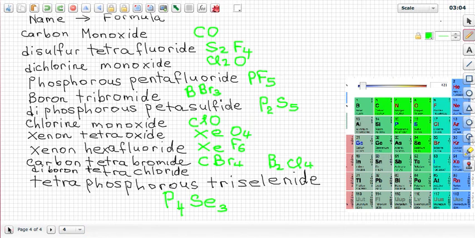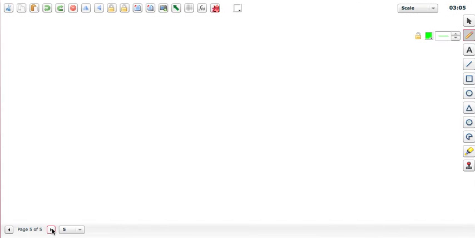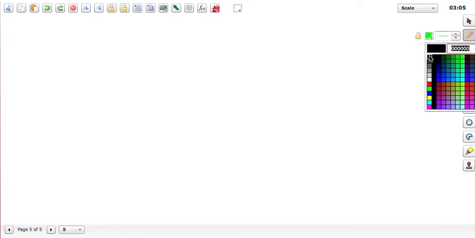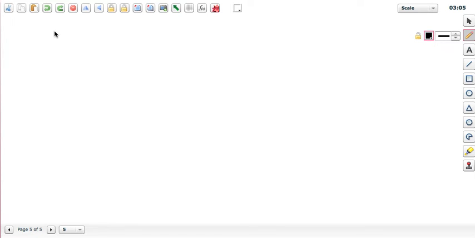Okay, so this ends my naming of the covalent compounds, and I can talk a little bit more about covalent compounds at the end. The only thing I want to say about covalent compounds, one that you already know, is that they form between nonmetals. 2 or more nonmetals will combine.